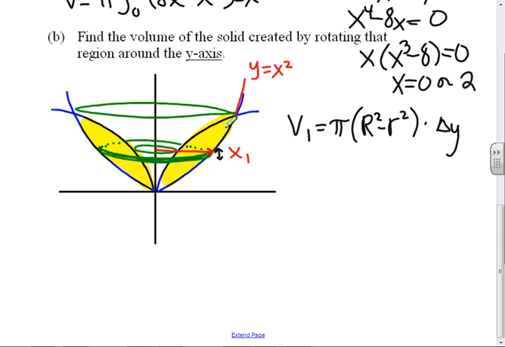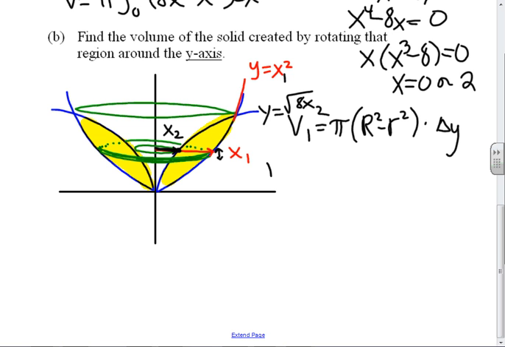The little one's from the axis of rotation to the inside curve, which, by the way, that's y equal to the square root of 8x, right? Call that x coordinate, because that's the x value there, x2. So I'll put x2 here, and I'll put x1 there. See if my method works today.